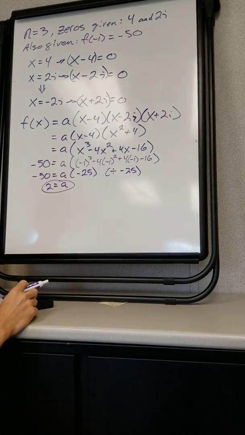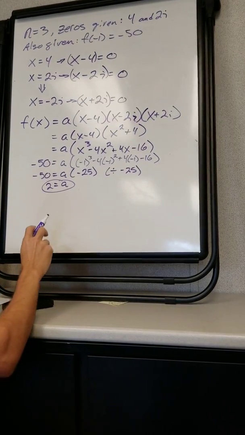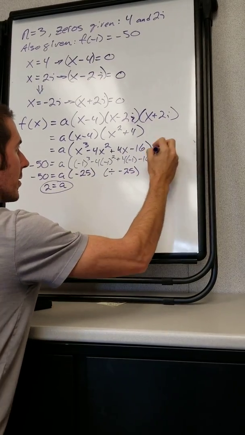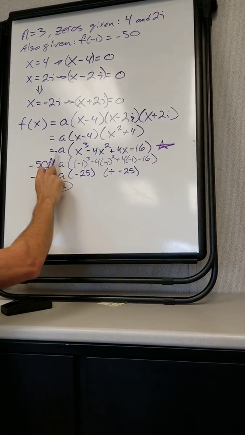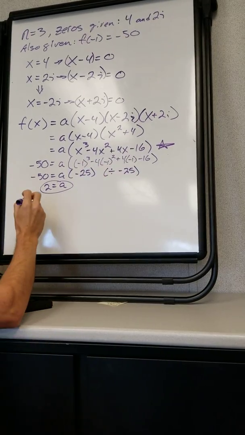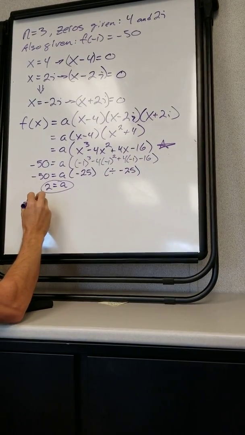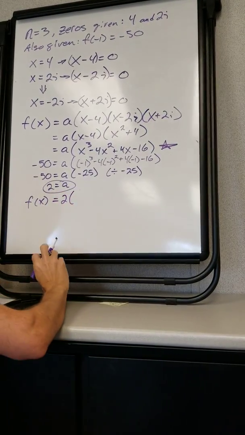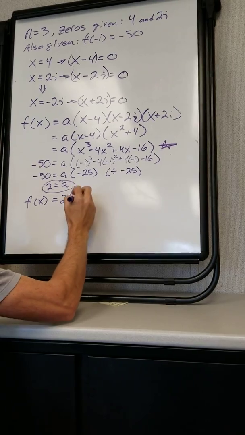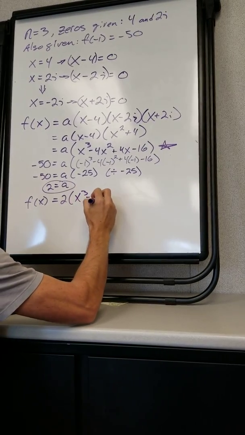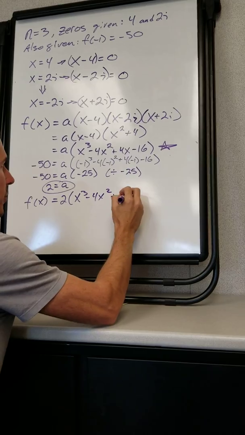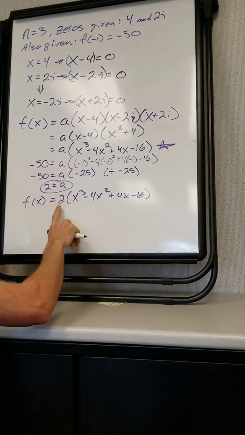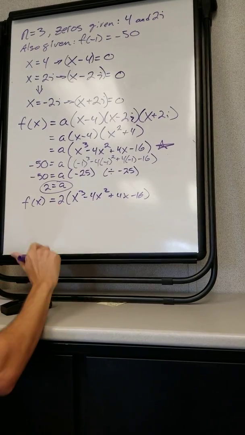I'm going to take this a value and plug it back into this equation, f of x equals a times all of that stuff, and that's going to allow me to find my final answer, or one step before my final answer, that says f of x is equal to 2 times x to the third minus the 4x squared plus 4x minus 16, and I'm going to leave it to you to distribute multiplication by 2 to get your final answer.